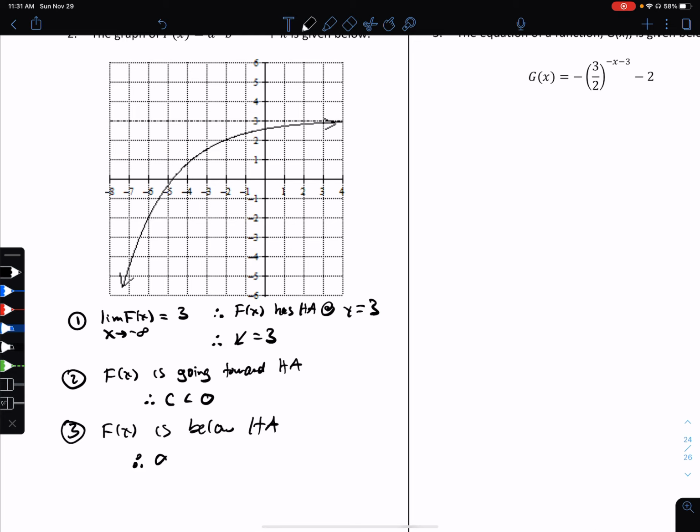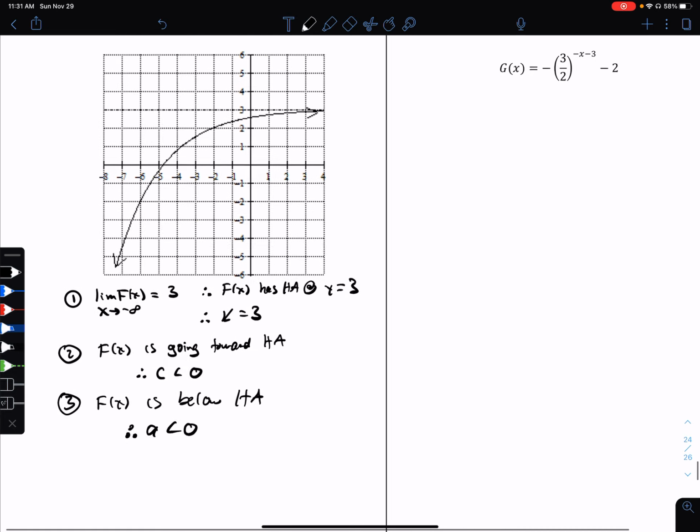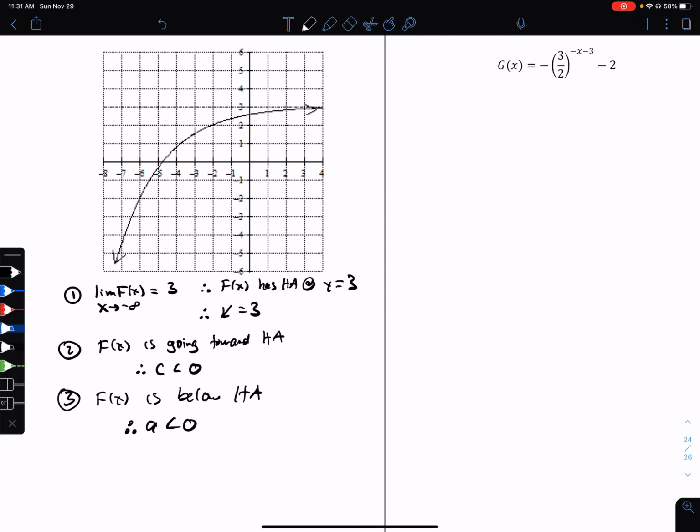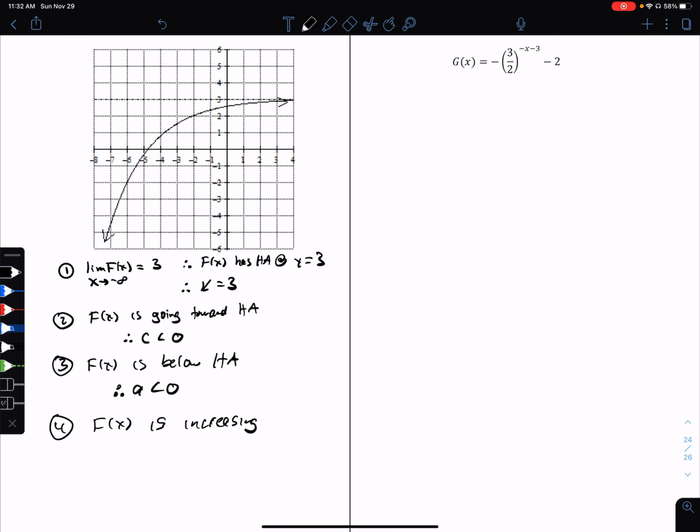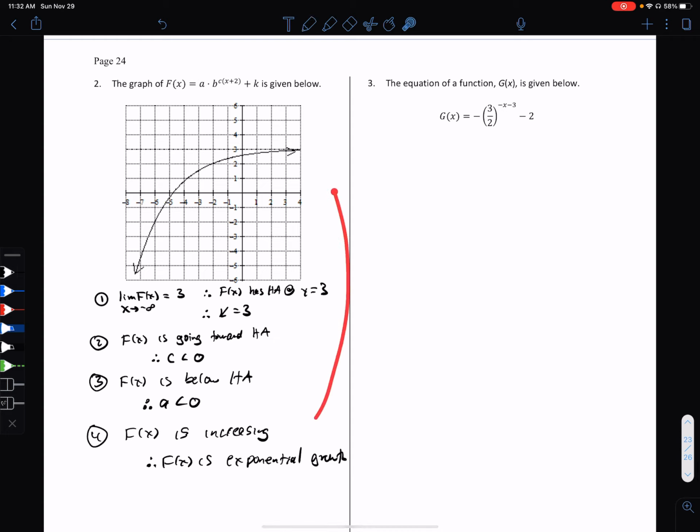The conclusion we can draw from that is that a is less than 0. We could say that f of x is increasing. It's going up as we go right. So it's exponential growth. Saying it's increasing doesn't mean it's exponential, but we know it's exponential because it's an exponential equation up there.